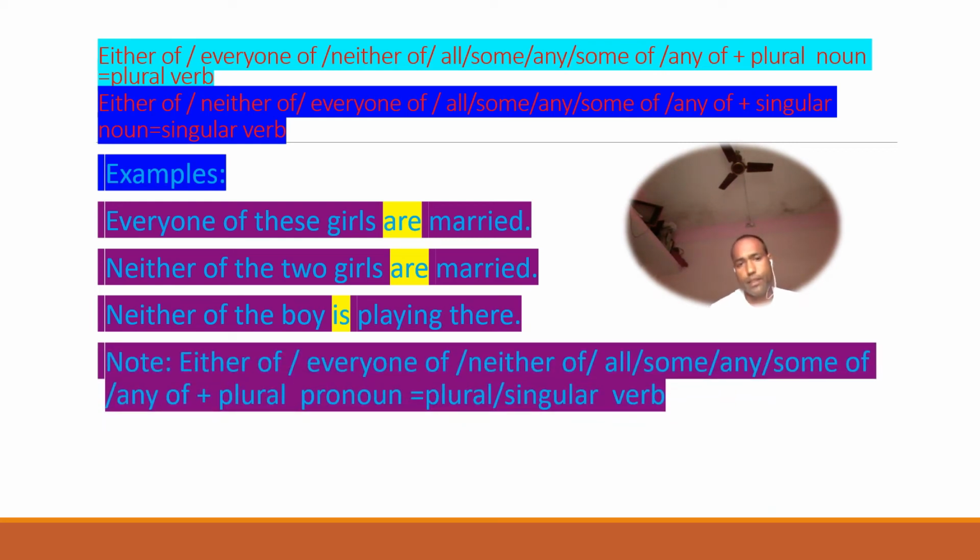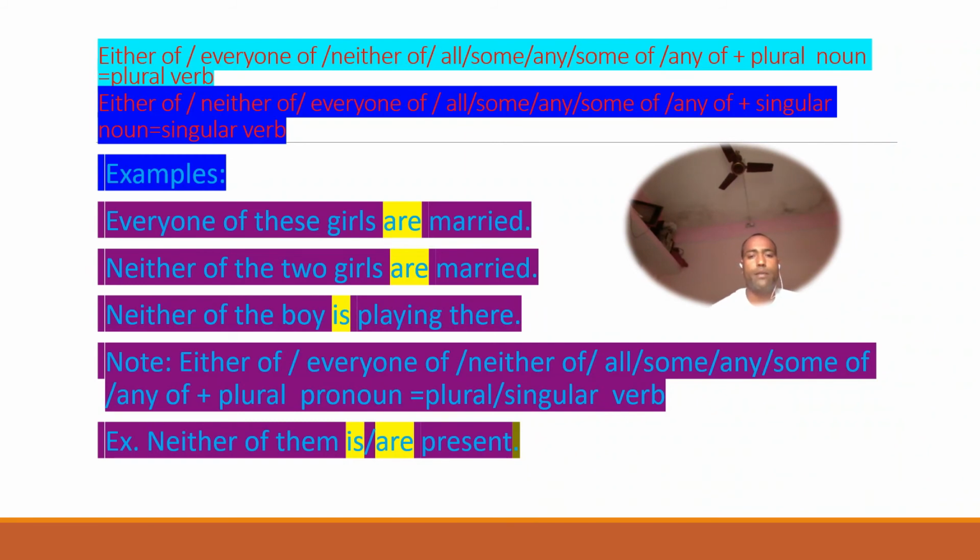Note, here is still a small rule. Either of, every one of, neither of, all, some, any of plural, the same case as above. If we talk about the noun, a plural noun after this takes a plural verb, and a singular noun after this takes a singular verb. But if instead of a noun there is a pronoun like he, she, it, this, that, then either singular or plural is possible.